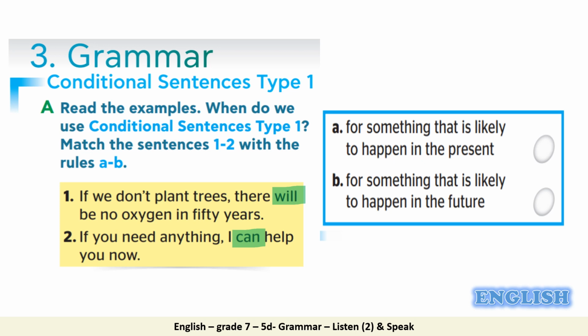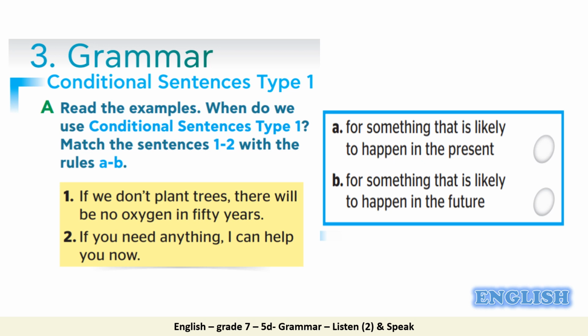Now that we have examined these examples, can you figure out when we use conditional sentences type 1? Think about it. Yes, conditional sentences type 1 are used for something that is probable in the future or present.